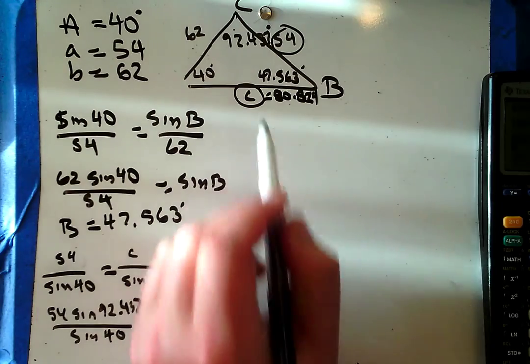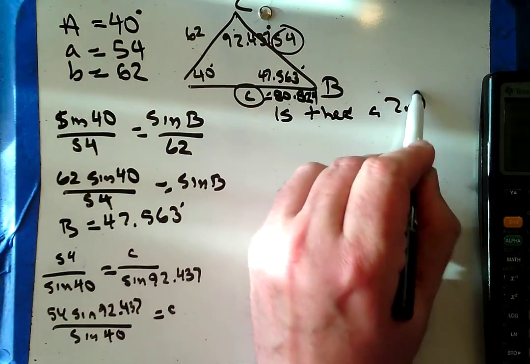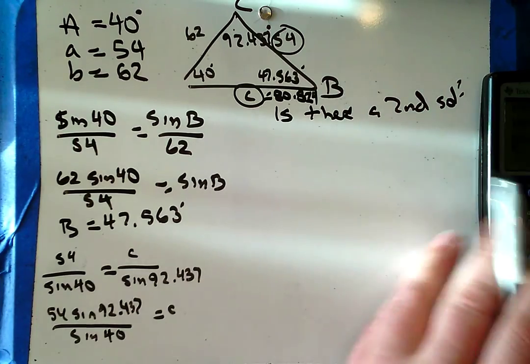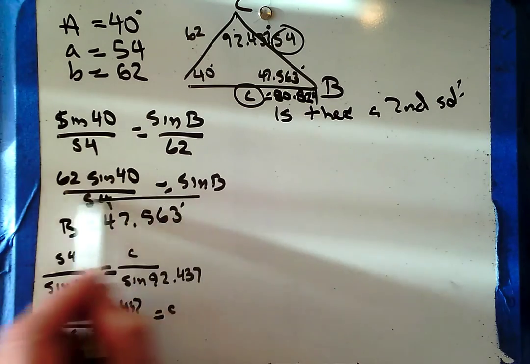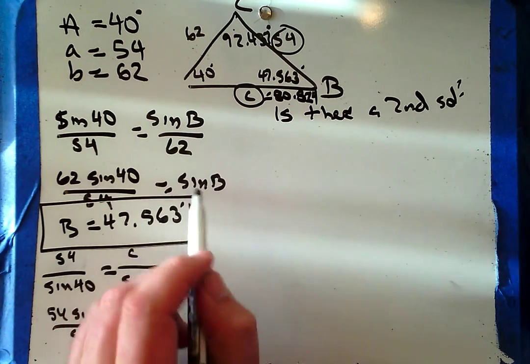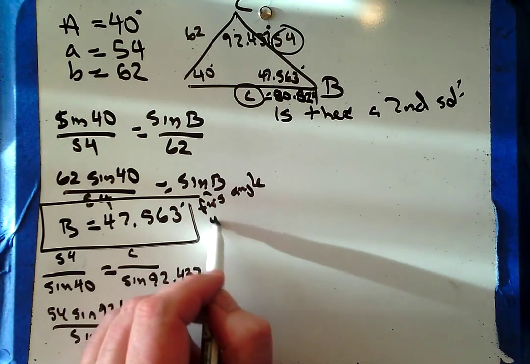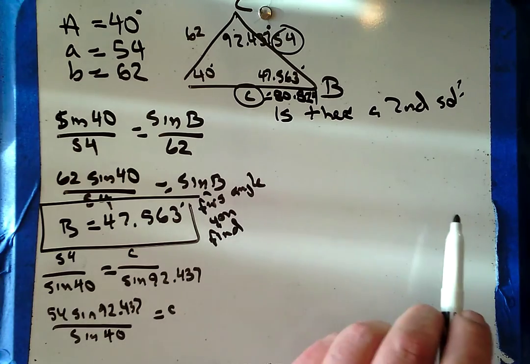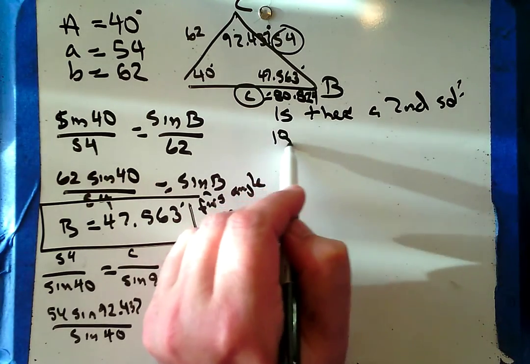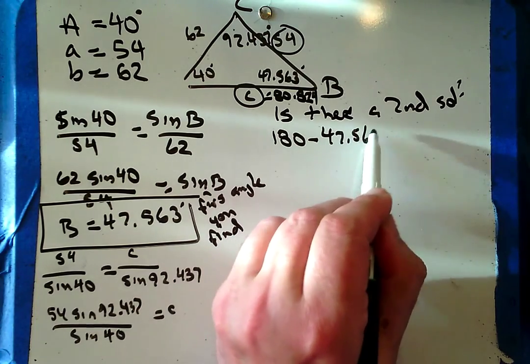But is there a second solution? Remember, we said to check for a second solution, take the first angle you find and subtract that angle from 180. 180 minus 47.563.